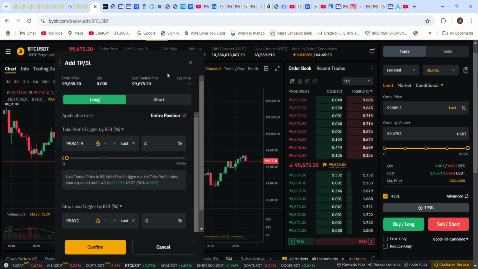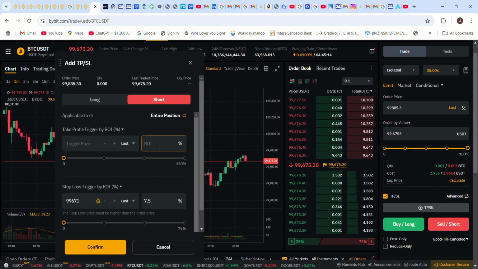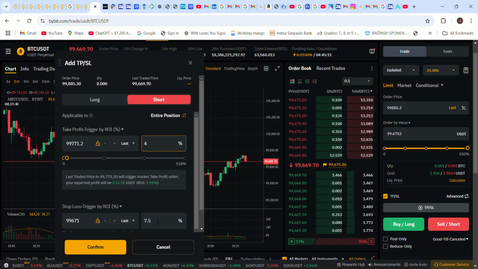We'll see here what is going on at this moment. At this moment, it is falling. So okay, we'll go short. But since we have put on short, we have to again put here 4% and here 2%.